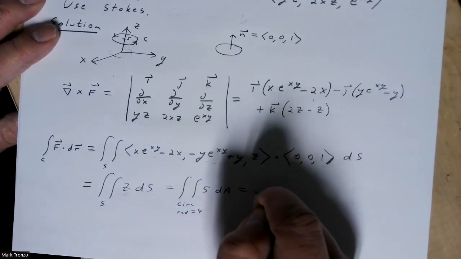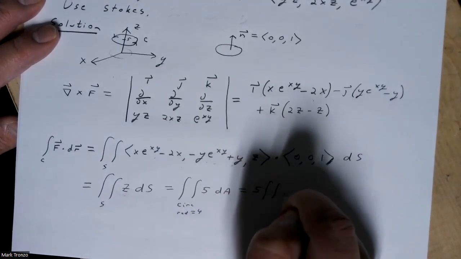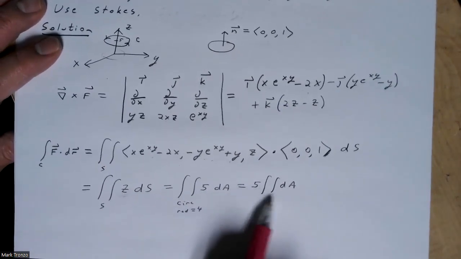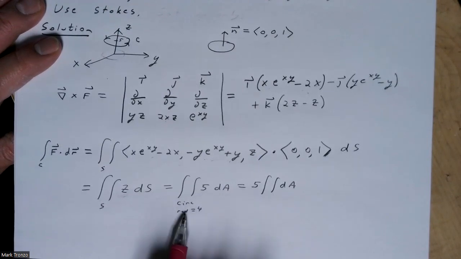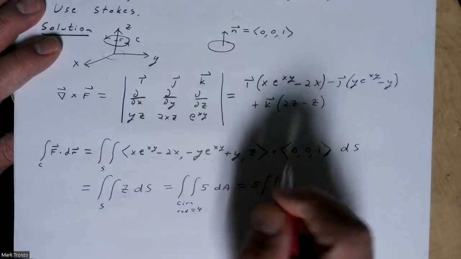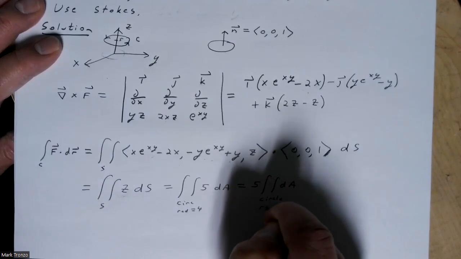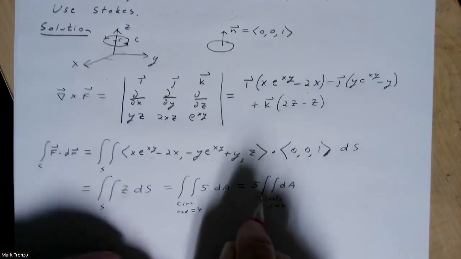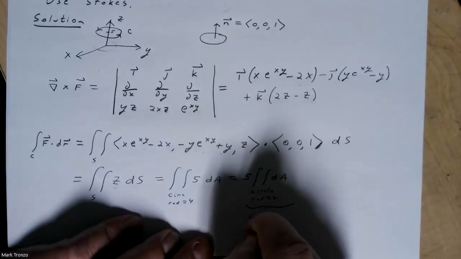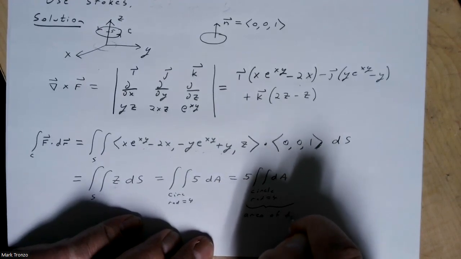But always remember, if you ever get down to the point where you have a double integral with just dA right here and no variables at all in here, that double integral, remember, is just going to be the area of your domain.